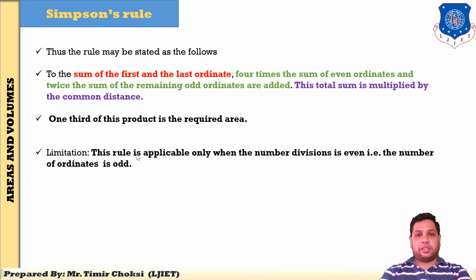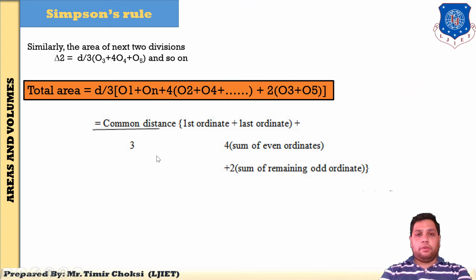So what is the limitation? I have already explained. This rule is applicable only when the number of divisions is even. Sorry, odd. This rule is applicable only when the number of ordinates is odd. I have written it mistakenly, so you consider only odd ordinates. Why odd ordinates?